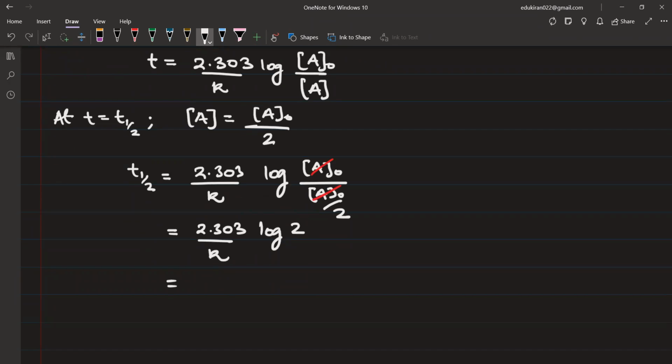Okay. And if you multiply this 2.303 into the value of log 2, this will come as 0.693 divided by k.